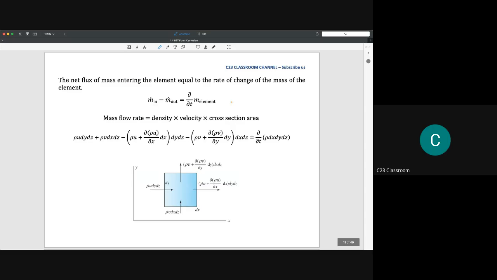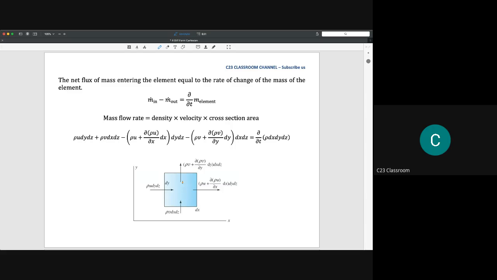Okay, so we go back to our calculation here. Please remember this one, and then we are going to substitute all the information that we have from our schematic diagram here. For mass inlet, because we have two inlets, one for x and one for y, we could write rho u dy dz plus rho v dx dz.